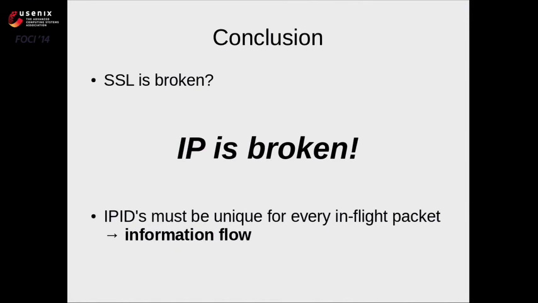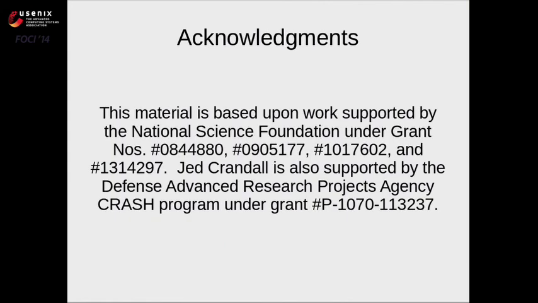When you have this kind of constraint, that one packet can't have the same ID as one that was sent just a little while ago, now you have information flow, and that allows attackers to do these sorts of horrible things. So, thank you.